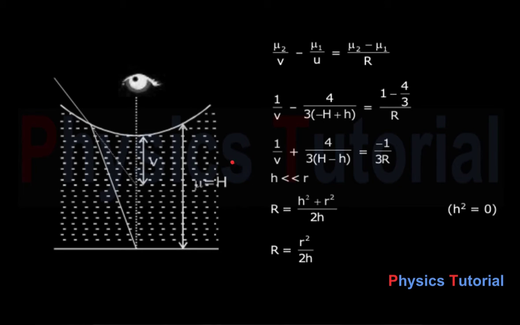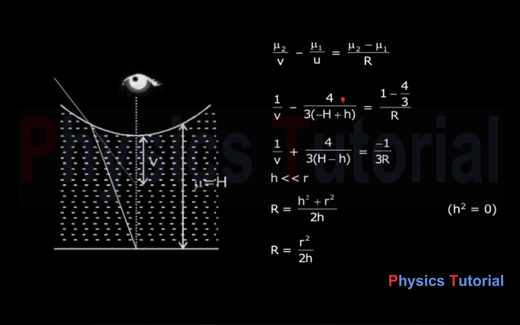Now in the second way, when we see the light coming from dense to rare, it will bend away from the normal. This is the normal here, right? So away from the normal when it is going this way. So mu2 by v minus mu1 by u is equal to mu2 minus mu1 upon R. So 1 by v minus, this one will be considered mu2 and this one mu1, that is 4 by 3 here, and the height is h, given in the question.